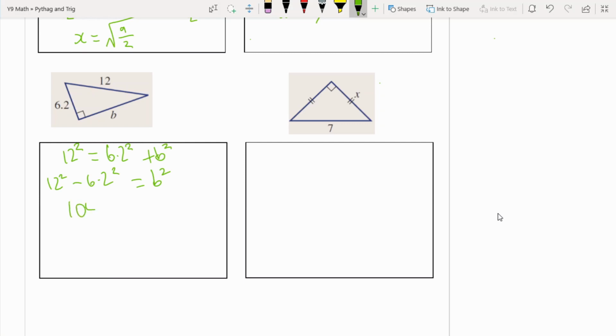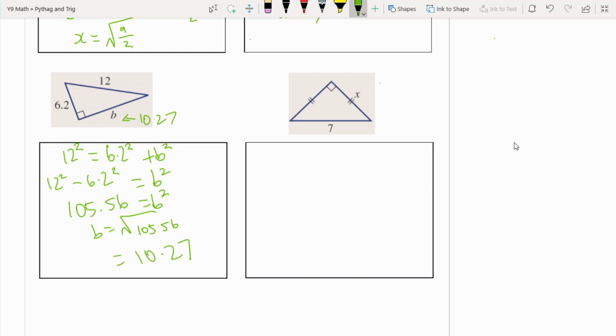So if you put that in a calculator, you should get that as your value. And now we need to square root that to get b, and that will give us a value of 10.27. So that side would equal to 10.27.